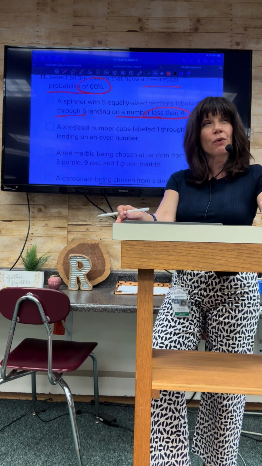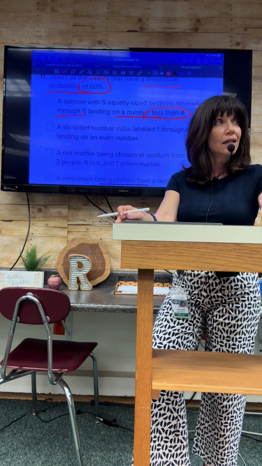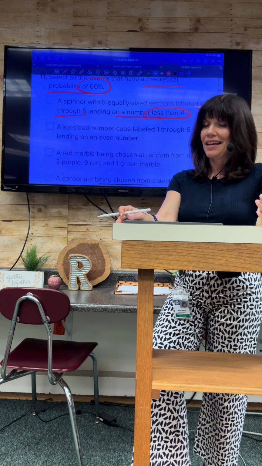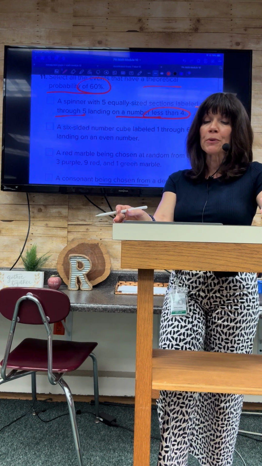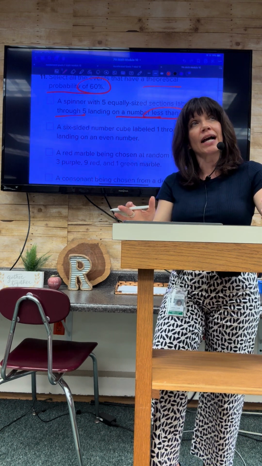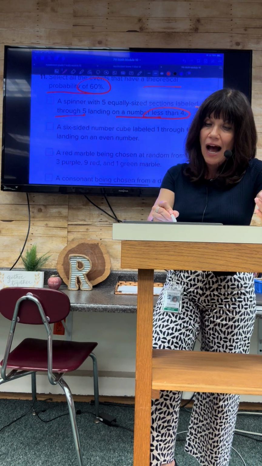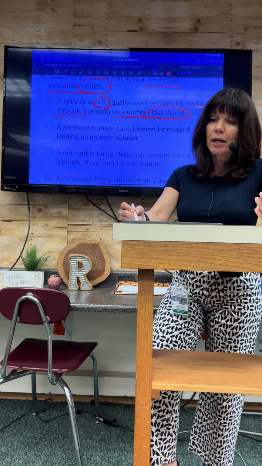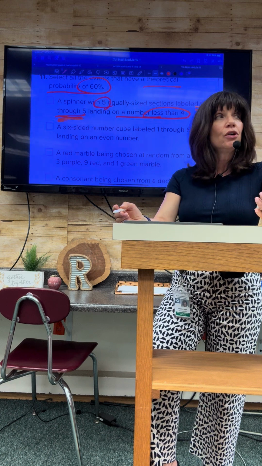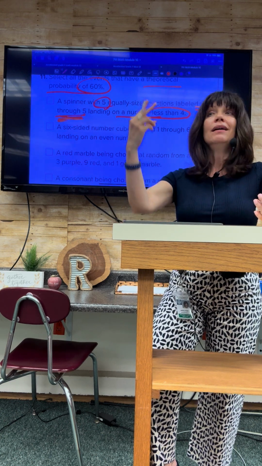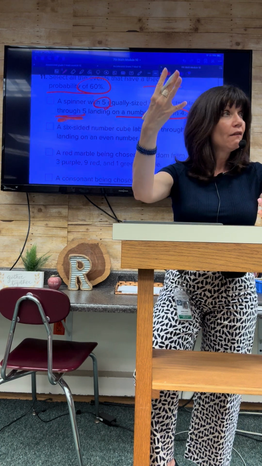What numbers do you think I want you to write out immediately? 1, 2, 3. I want you to write out numbers to represent all the numbers that are equally sized spaces on the spinner. It told you they have 5 equally sized sections labeled 1 through 5. So what do I want you to write now? 1, 2, 3, 4, 5.